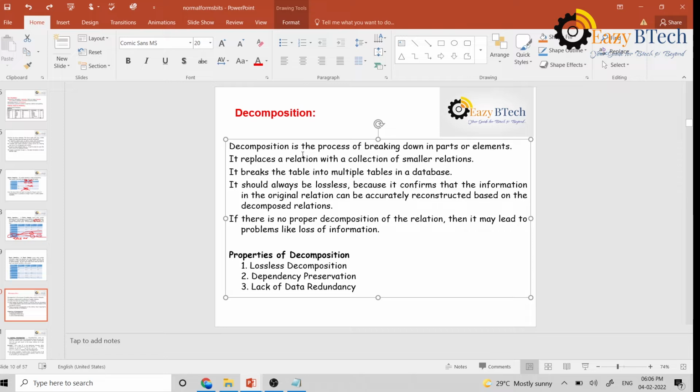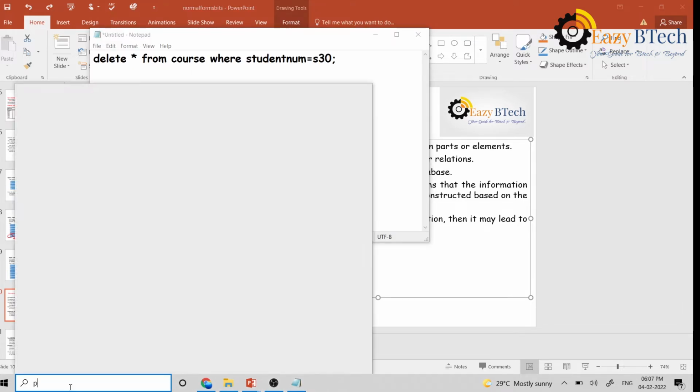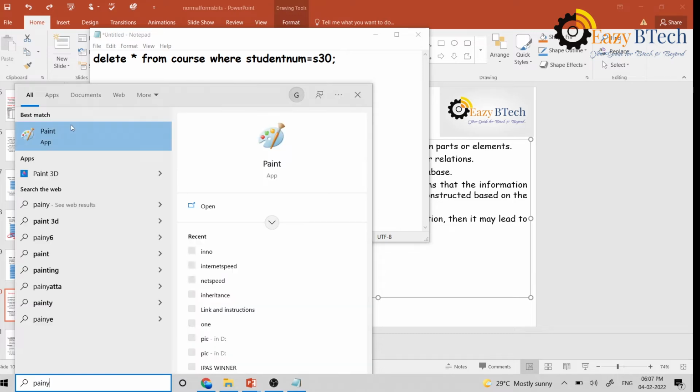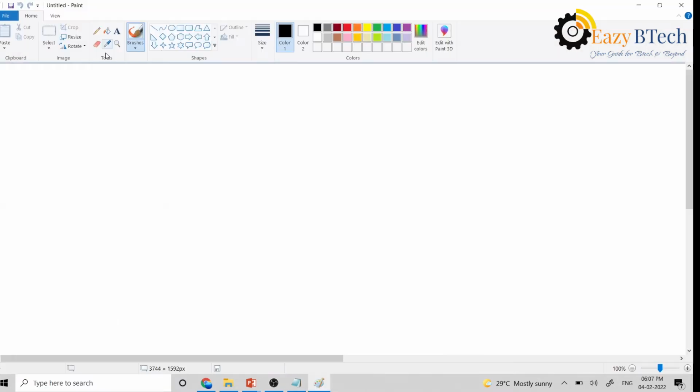What is decomposition? The process of breaking down the database into parts. Break down the data into parts. Okay, we have a huge database.